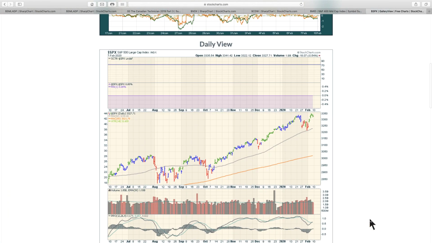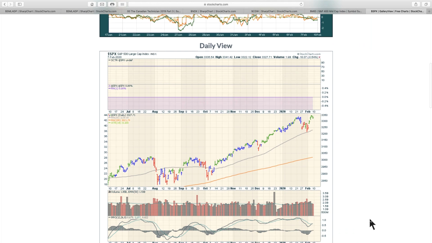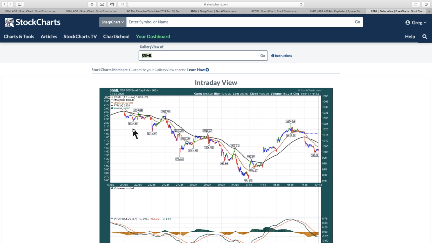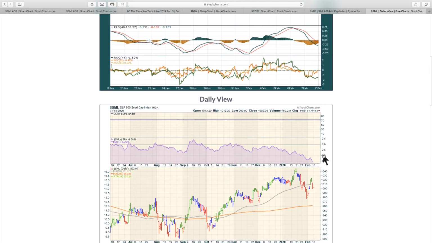So again, when we go across all of the different indexes, so the small cap now, let me just go right into those. So what we see here is this made a significantly lower high, and this rollover here is quite concerning.